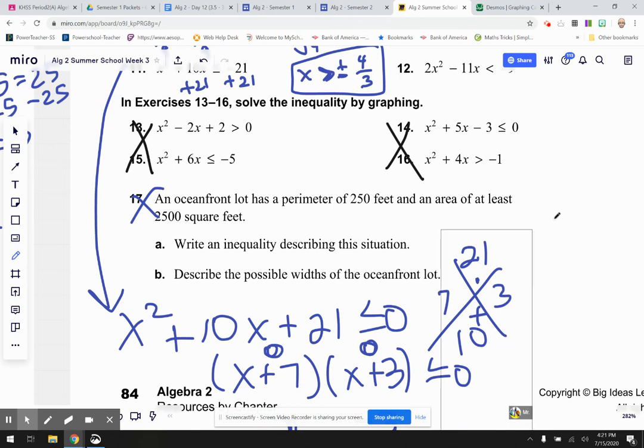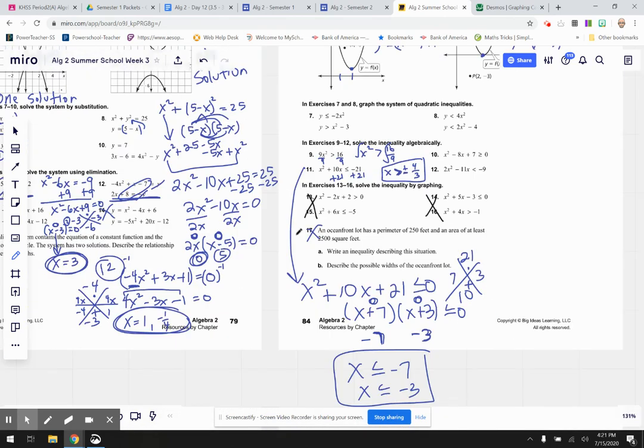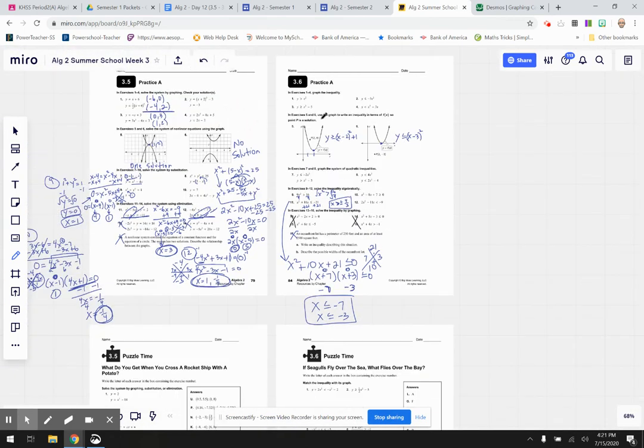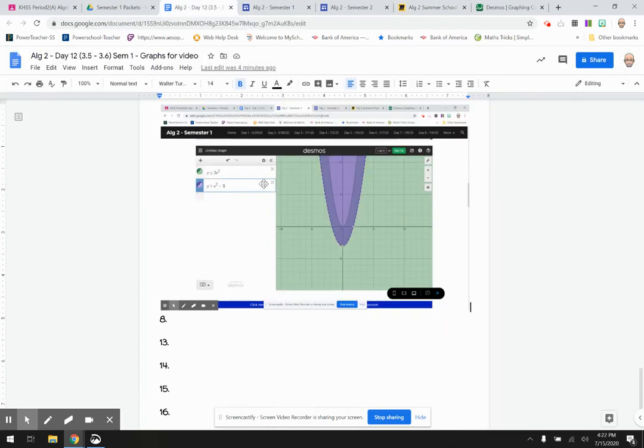And that's it for those, because you're going to do the puzzle. So you can do all the ones on the puzzle for 3.5 and 3.6. Most of them are just going to be on the graphs, so you can just do the Desmos graphs. All right, there's 3.5 and 3.6a. So just copy down the work that I have here. Just put your screenshots of the graphs on the Google Doc.